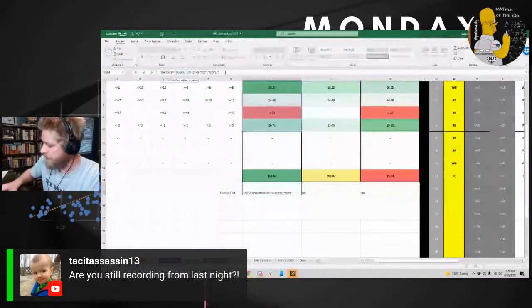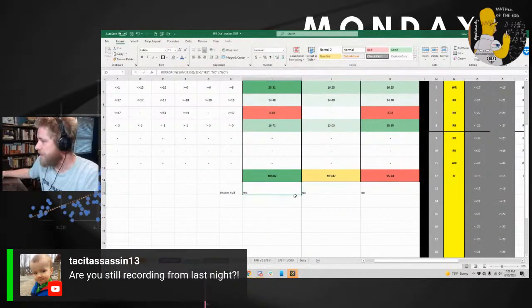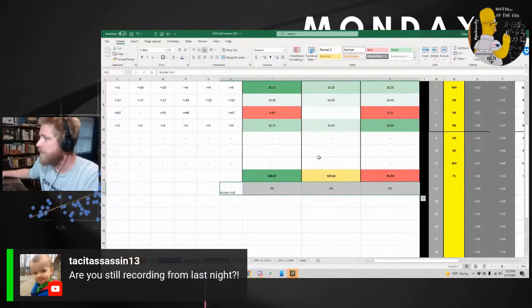I'm just trying to get a cell to tell me if the roster is full yet so we can start filling up flex spots. In which case it can figure out, I hope, which one is the first flex, and then we can start populating these flex scorers as well.